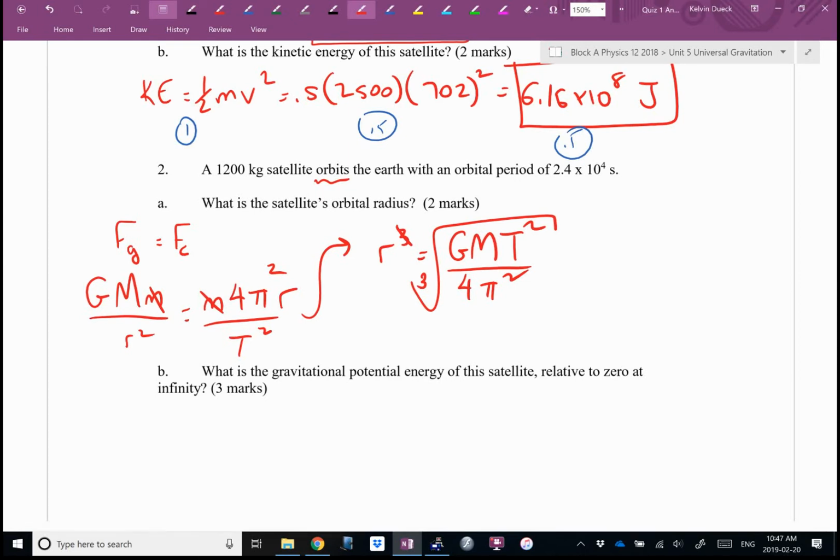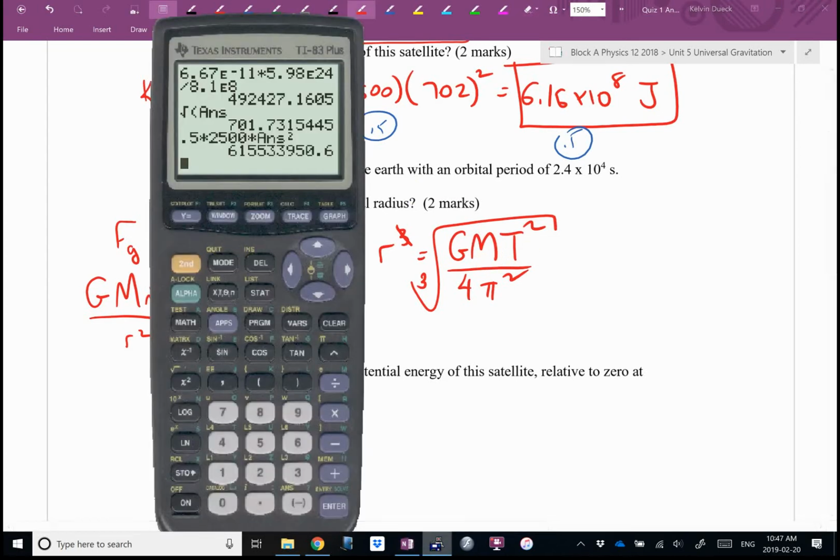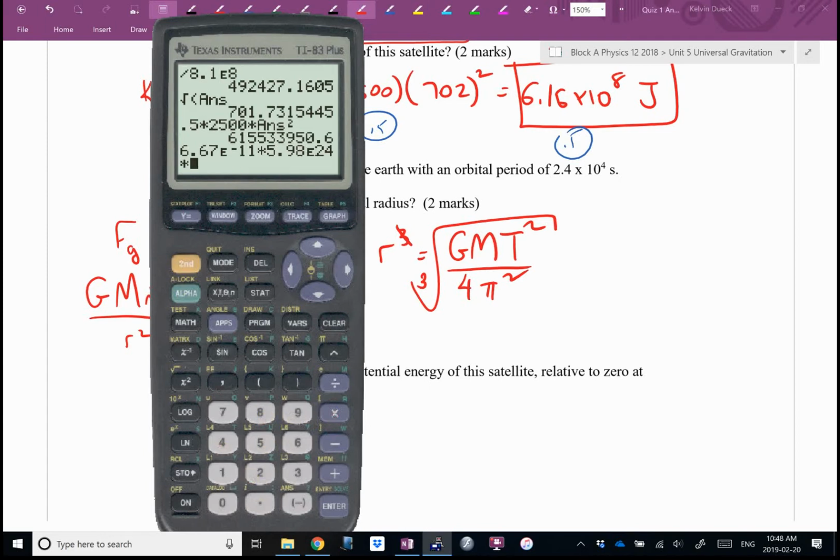I'm kind of running out of room to write. Big G, 6.67 times 10 to the negative 11. Earth, 5.98 times 10 to the 24th. Well, let's keep going, Mr. Dueck. Big G, 6.67 times 10 to the negative 11. Big M, 5.98 times 10 to the 24th.